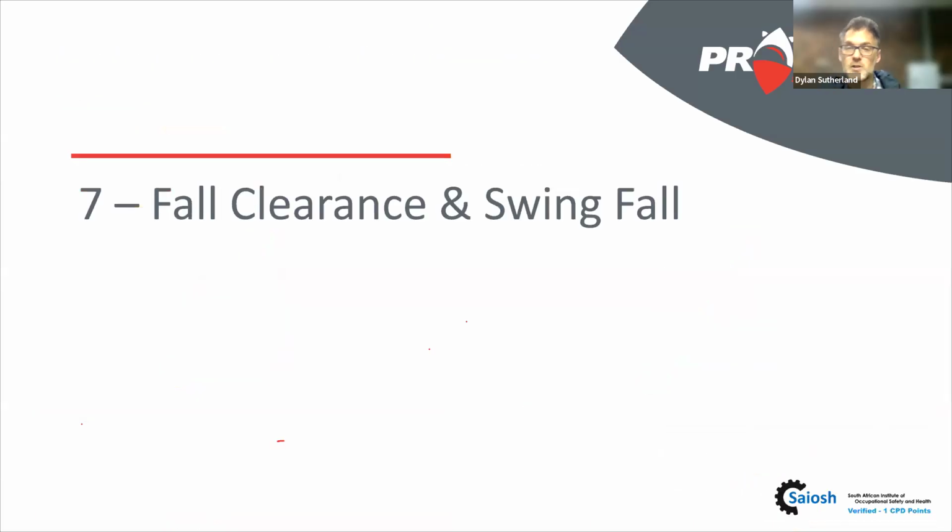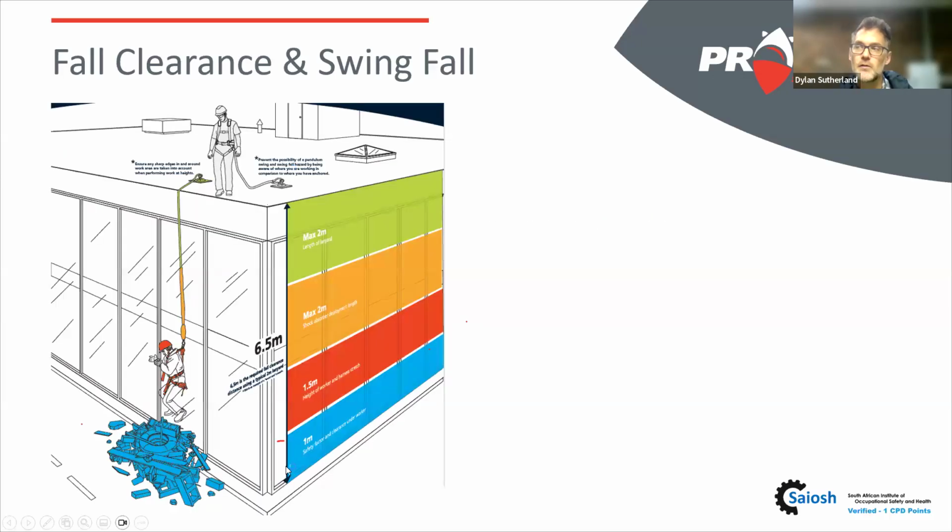Okay, second last principle. So what we also need to think about is when we're talking about full clearance and the potential swing fall, full clearance is quite simple if it's a static anchor point. So if it's a static anchor point, meaning if it's a type A anchor point in particular, there's no chance that it's going to move once somebody's fallen on it.